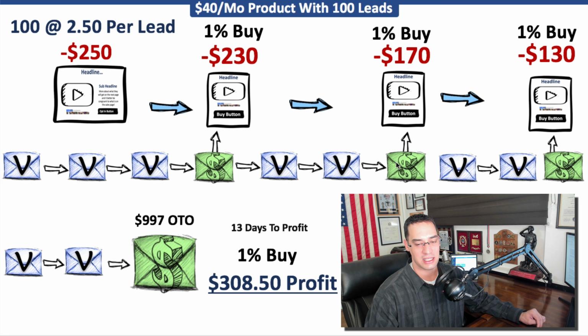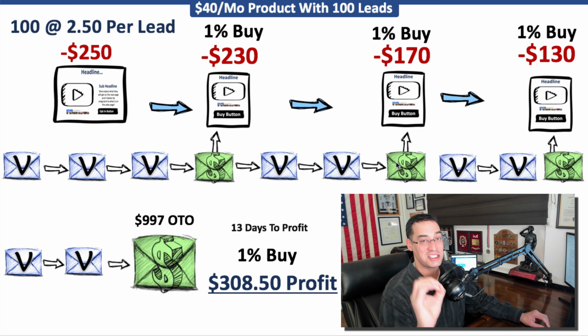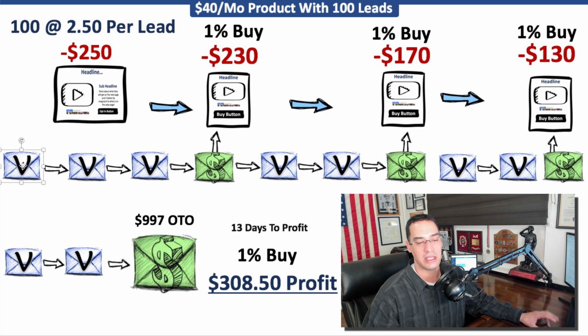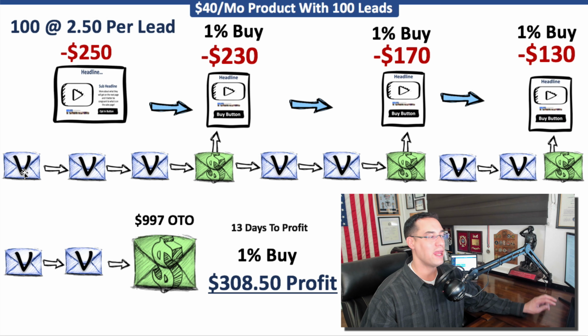And implement this. Those of you who do this next step are going to kill it. Instead of just sending a value email, have a link in the email that goes to a page with a video on it teaching what you're talking about in the email. So if you write an email about YouTube advertisements, do a 5-10 minute video and actually show them how to do that strategy.